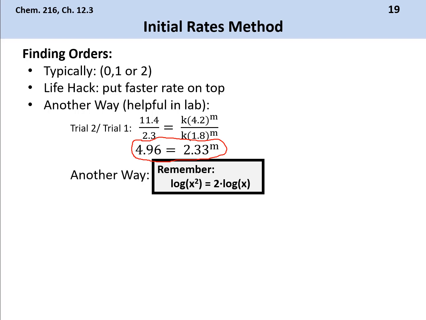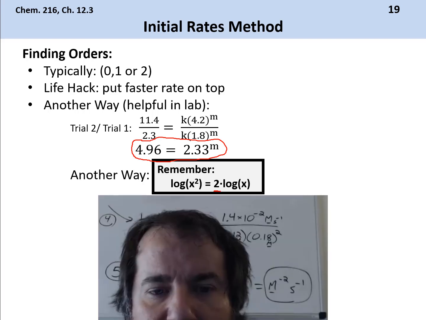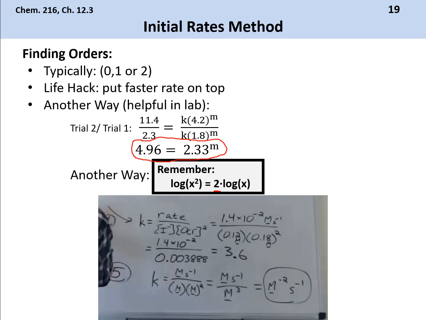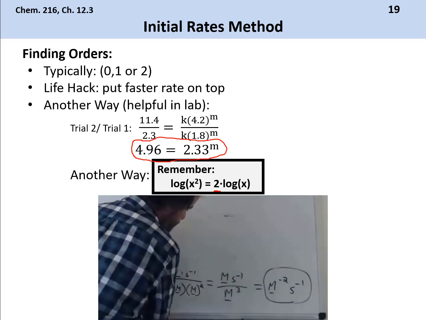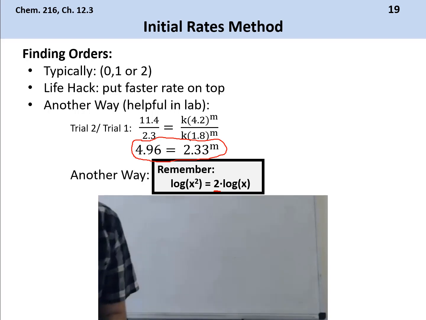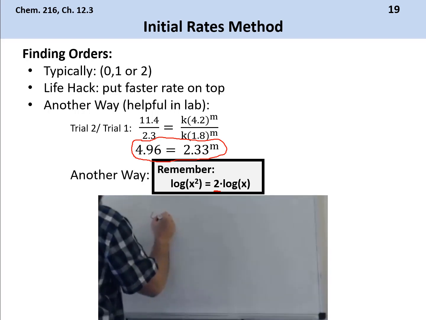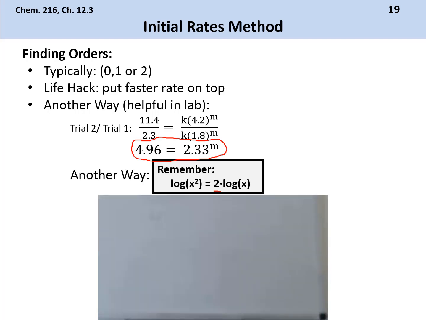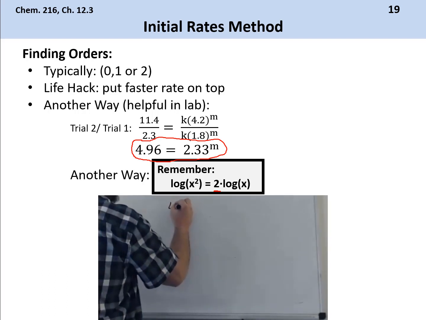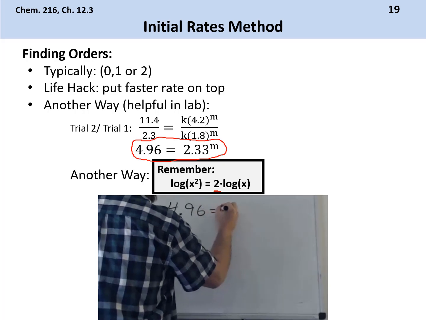So if I have log of x squared, that's going to be equal to 2 times the log of x. So if I take 4.96 equals 2.33.